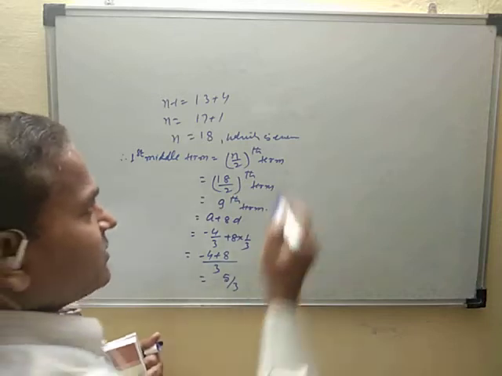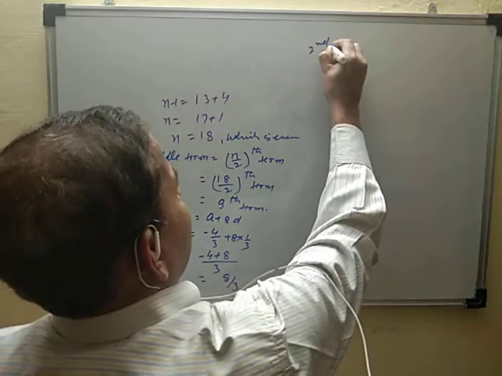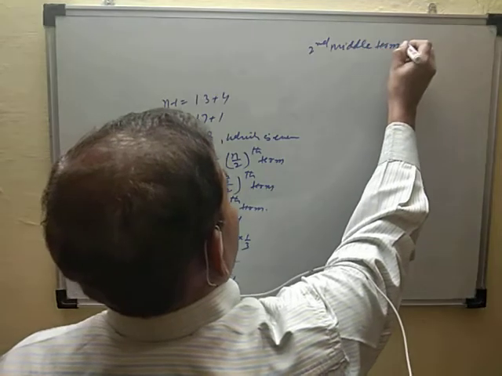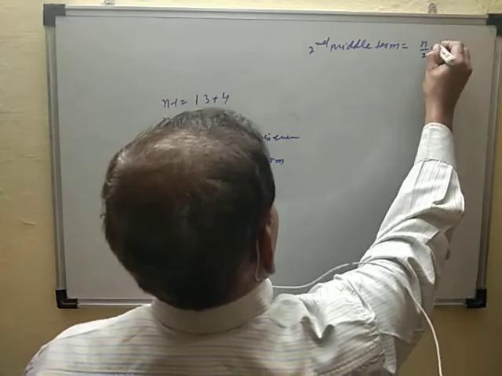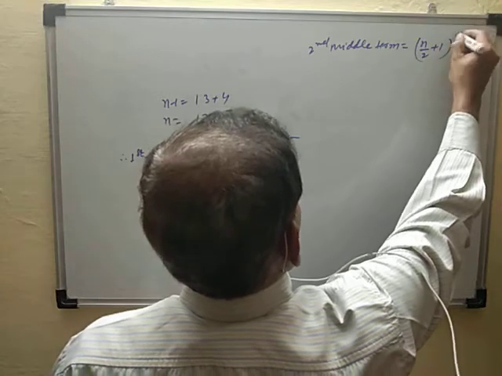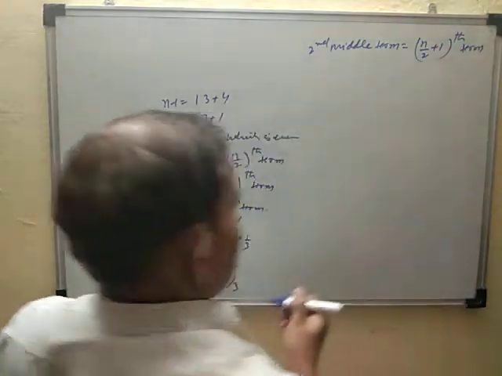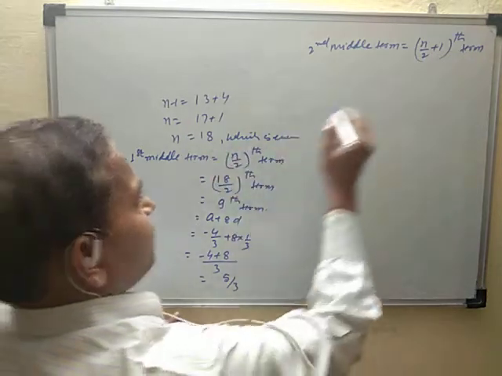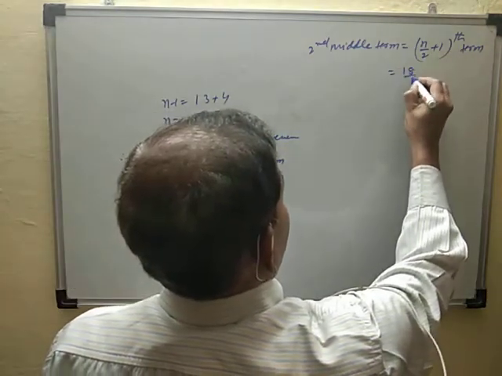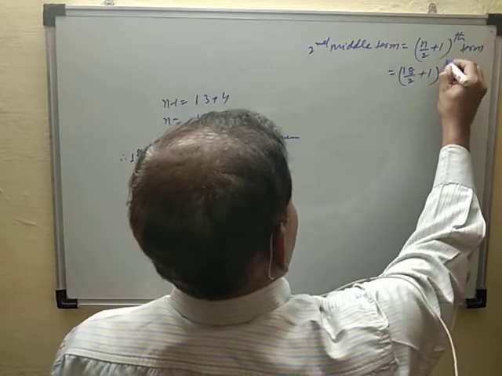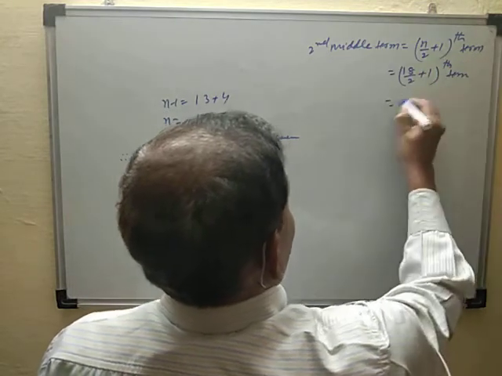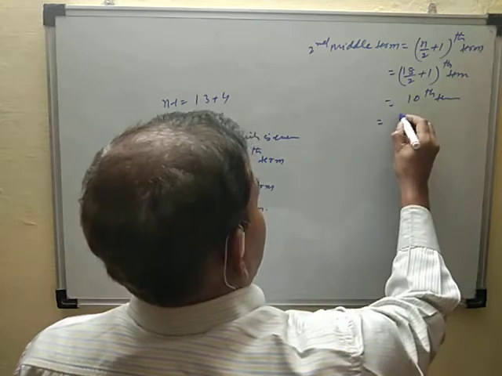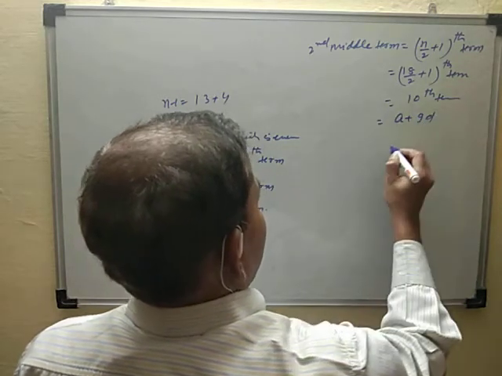The second middle term is the (n/2 plus 1)th term. And what is n? n is equal to 18. So the (18/2 plus 1)th term, that is 9 plus 1, that is the 10th term, and the 10th term is A plus 9D.